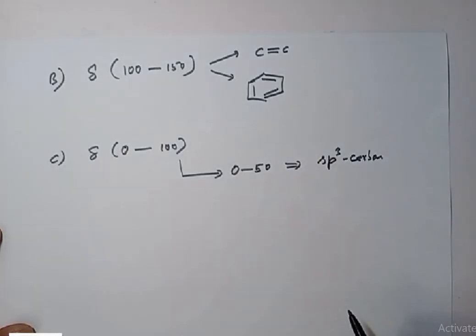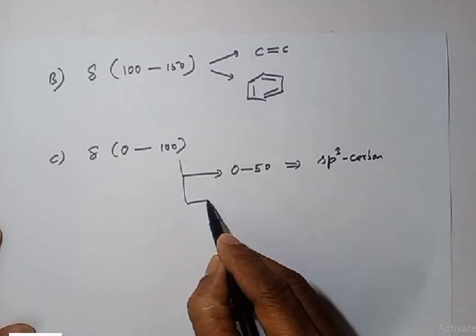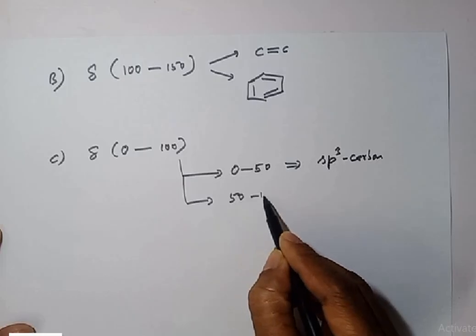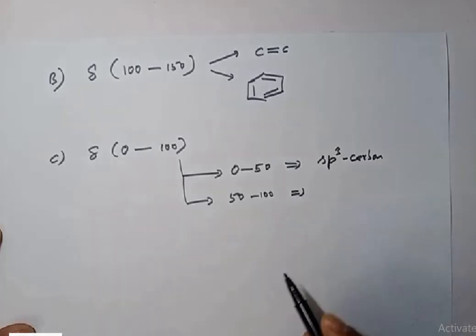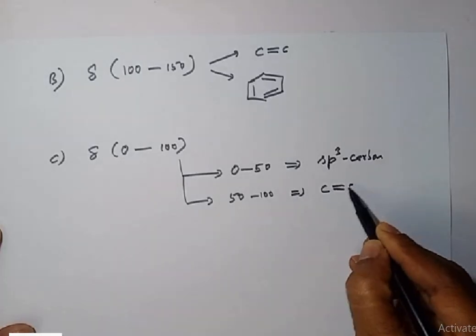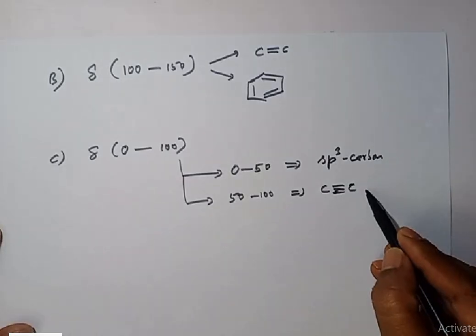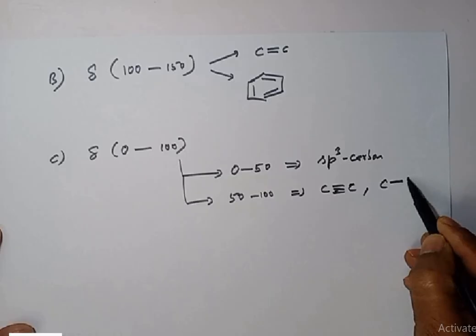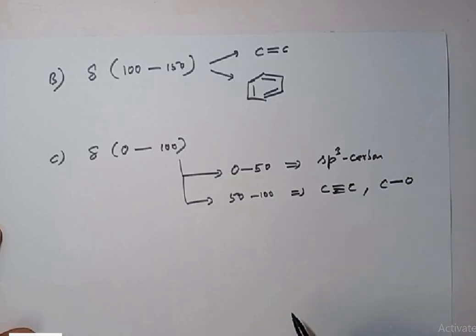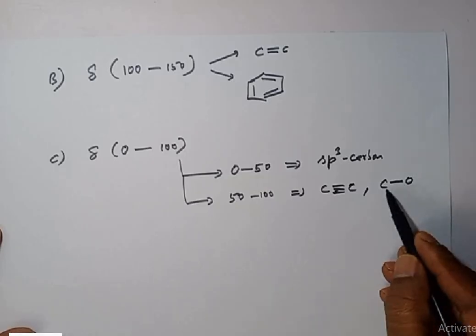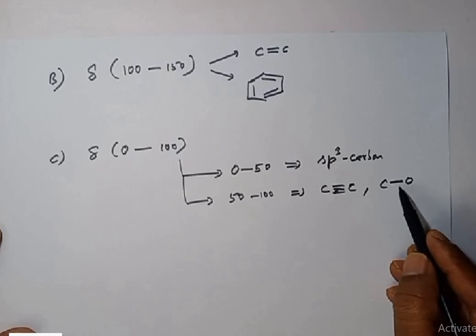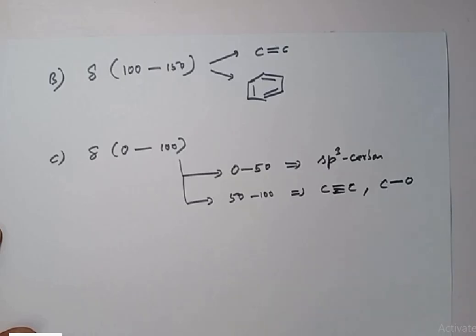Then 50 to 100, we have the carbon atom of the carbon-carbon triple bond, and the carbon atom of the CO bond, where we have a single bond between carbon and oxygen.